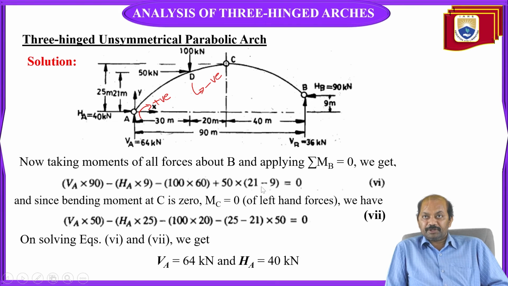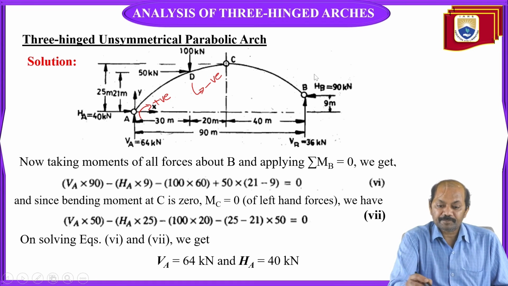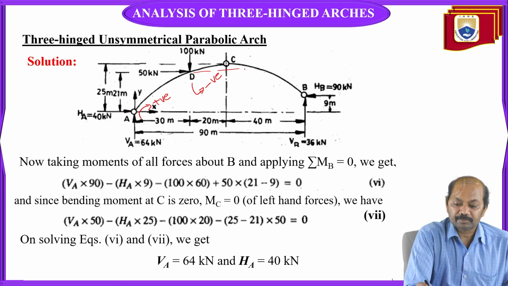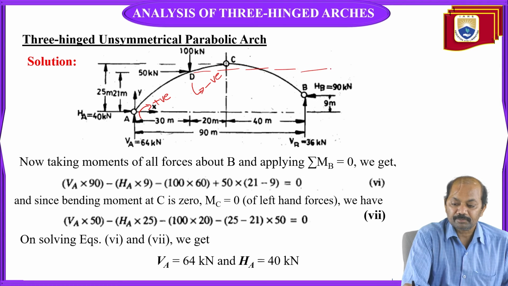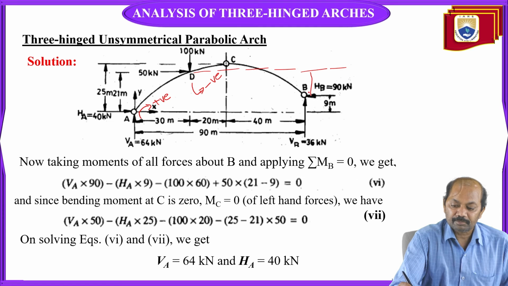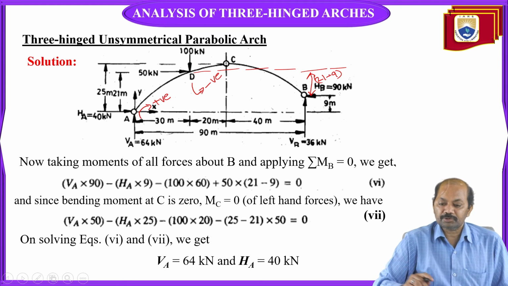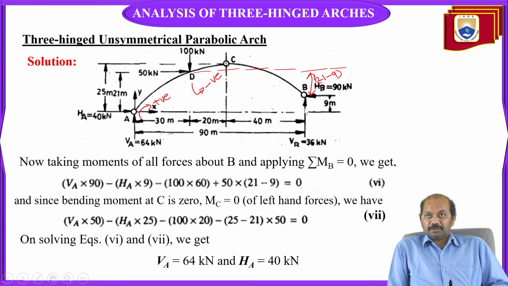That is why here 50 into 21 is this height and 9 is this height. 21 minus 9, that is the distance we get. Substituting, since the bending moment at C is 0, this is the equation obtained for sigma MB is equal to 0.